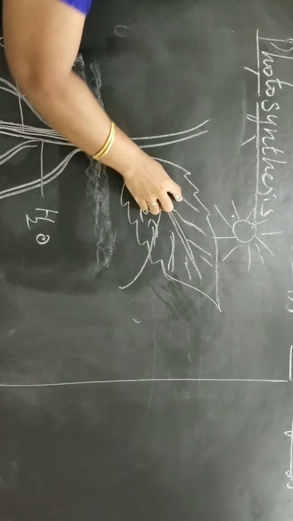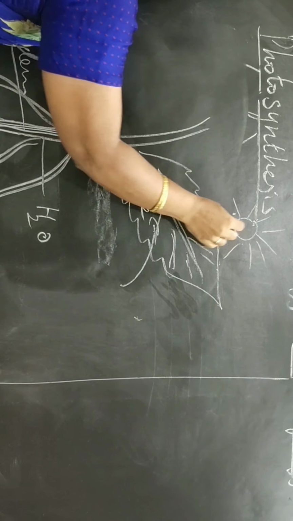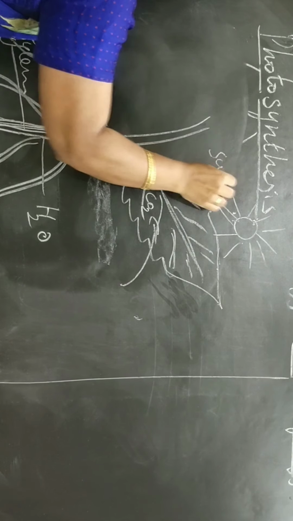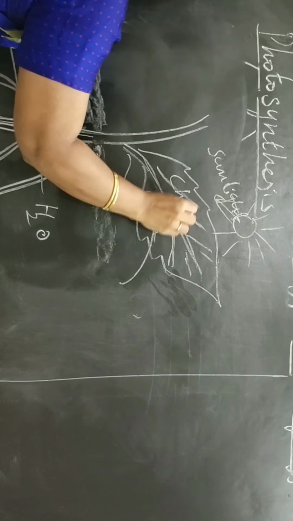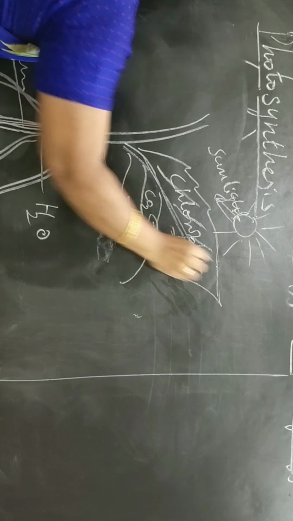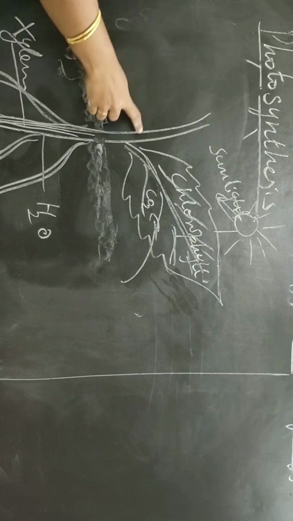The green leaf traps the sunlight from the sun. The leaf has chlorophyll. Yes. Now you see the process.